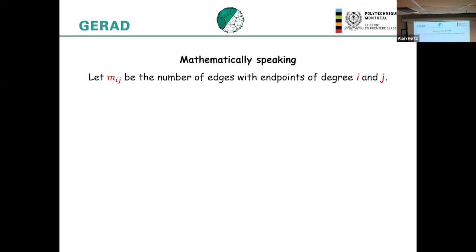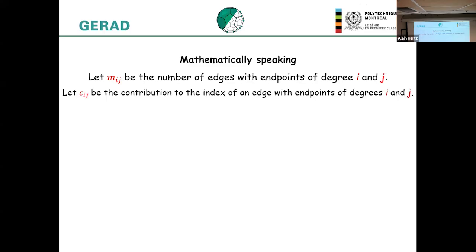And if you have your favorite objective function, index, you just have a value for such an edge, C_ij. If it is Randić, it's 1 divided by the square root of i times j. If it is Albertson, it's the absolute difference between i and j. So whatever your function, you have a cost C_ij associated with such edges.